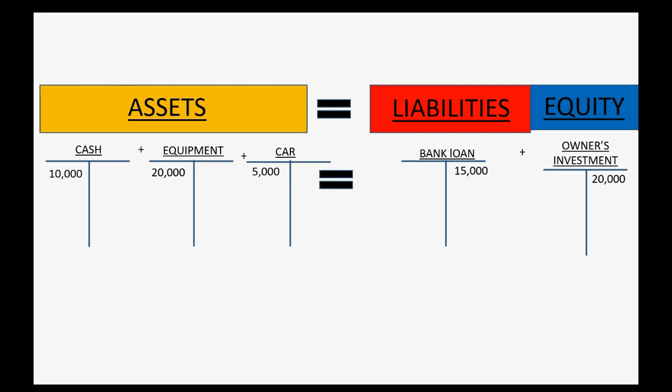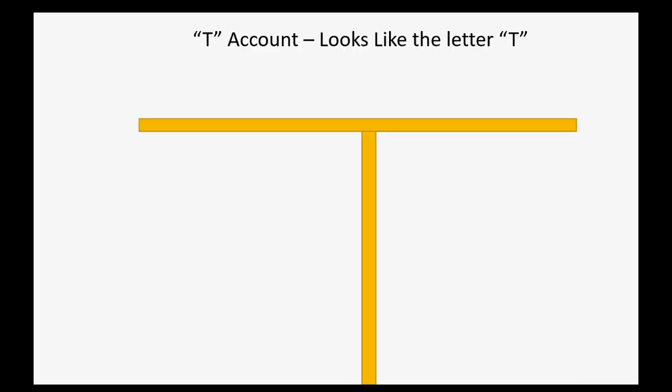These are the same numbers and the same asset balances on the left. These are the same liabilities and owner's equity balances on the right. And it is still the case that the assets equal the liabilities, except now the numbers are in their proper position inside something called a T account.